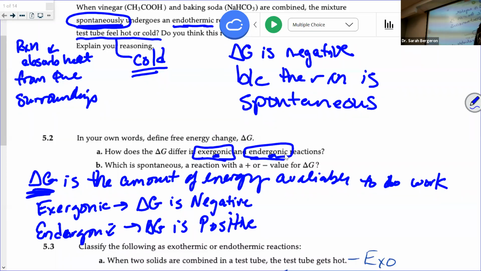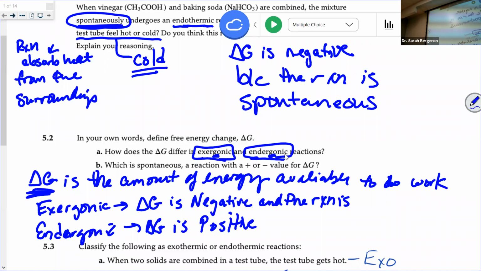Now look at part B. Which is spontaneous? A reaction with a positive or negative value for delta G. So we're just going to add on to our answer. So if something is exergonic, its delta G value is negative and is therefore the reaction spontaneous or non-spontaneous? If you have extra free energy, it's going to be spontaneous, right?